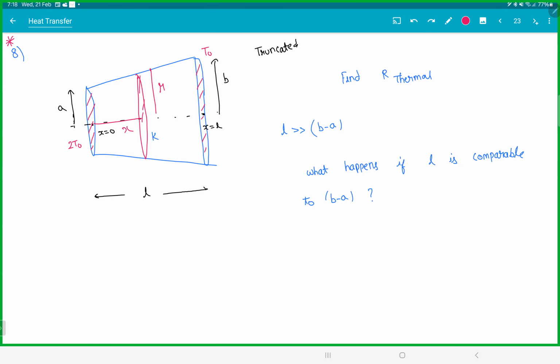Try, I'll give you a minute. Find r as a function of x.